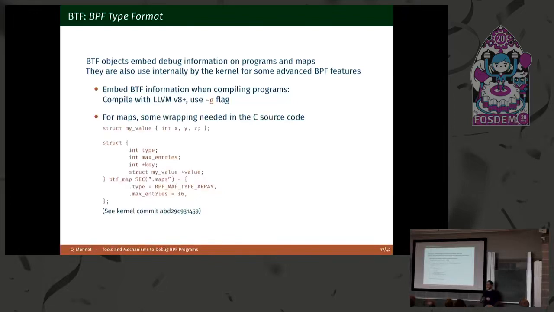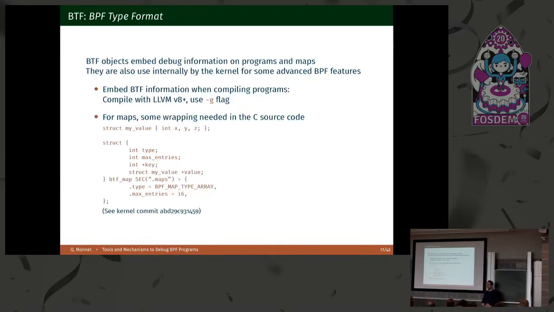It's something similar to the DWARF format that's being used with GDB, for example. So you have a number of pieces of information that are stored in your object file and that are passed down to the kernel when you inject your program, which means that the kernel may have some information about the BPF programs or maps. For programs, it's just a matter of using a recent enough version of Clang and LLVM and passing the debug flag.